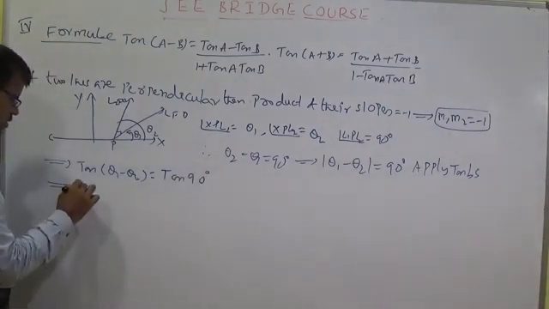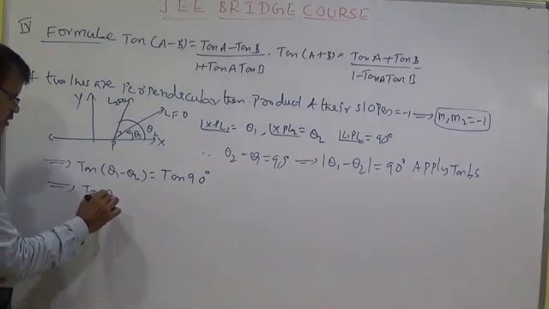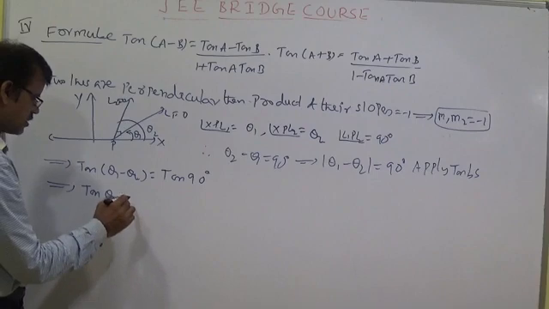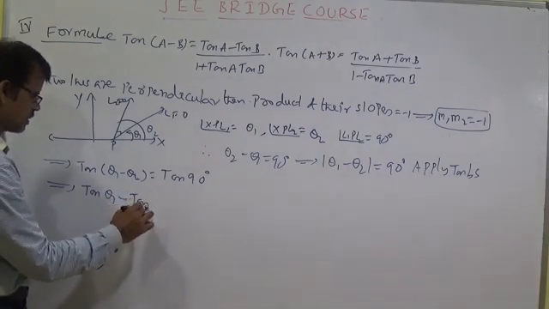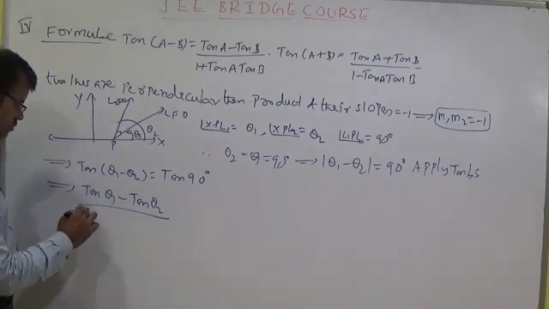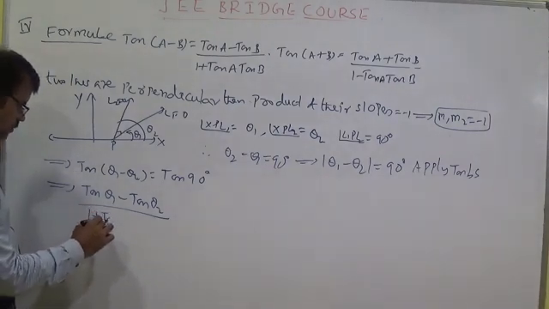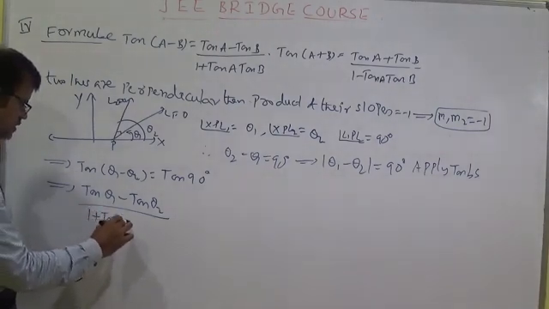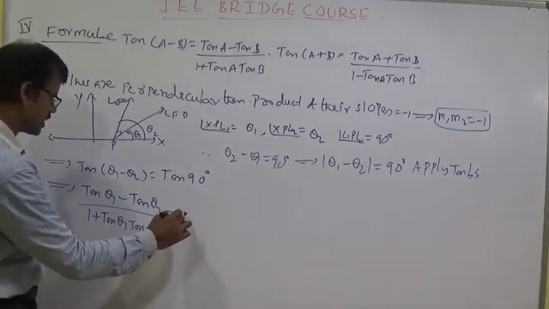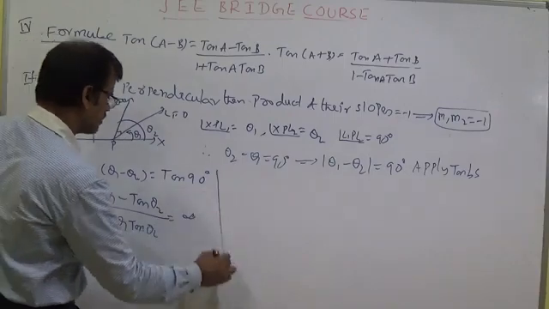According to the formula I had written, tan of A minus B is tan A minus tan B by 1 plus tan A tan B. So tan θ1 minus tan θ2 by 1 plus tan θ1 into tan θ2 is equal to tan 90 value, infinity.